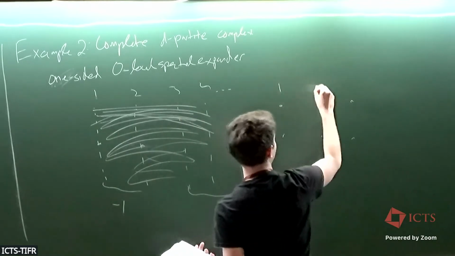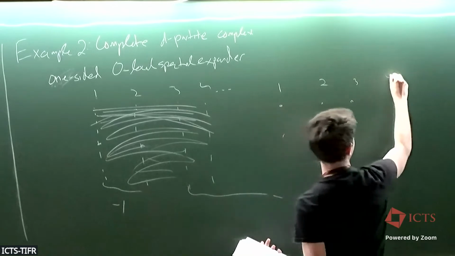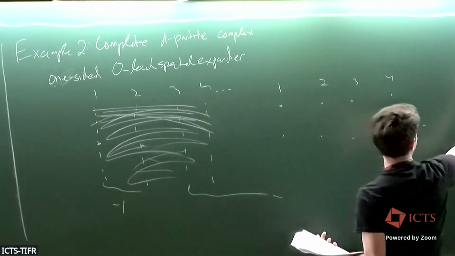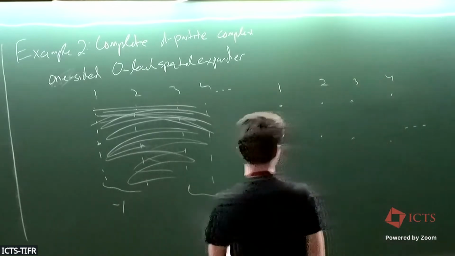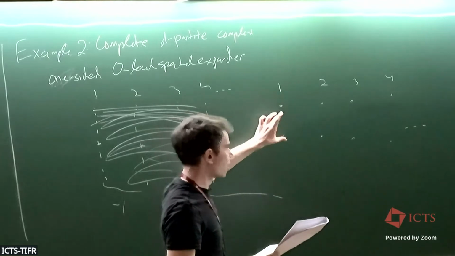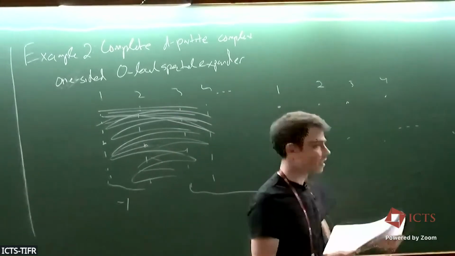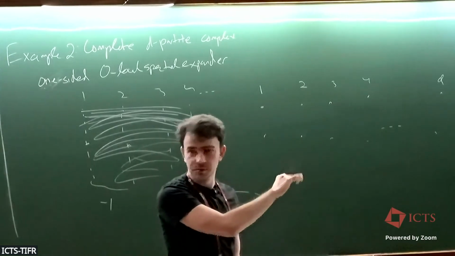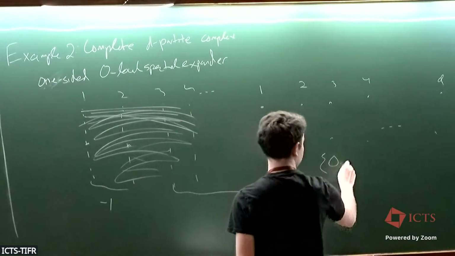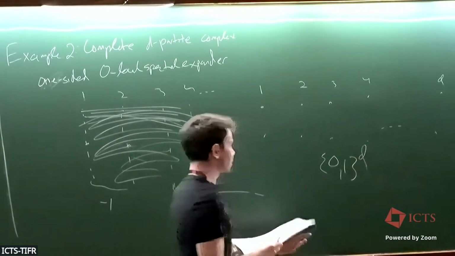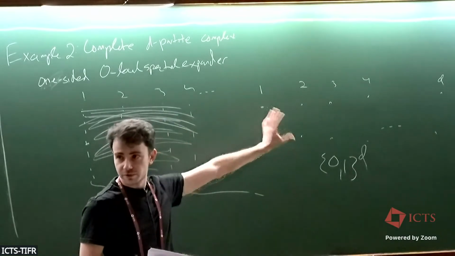I have coordinates 1, 2, 3, 4, up to d, and the hyperedges are, I pick 0 or 1 on every possible coordinate. This is exactly the hypercube, right? This is exactly the simplicial complex version of {0,1}^d.